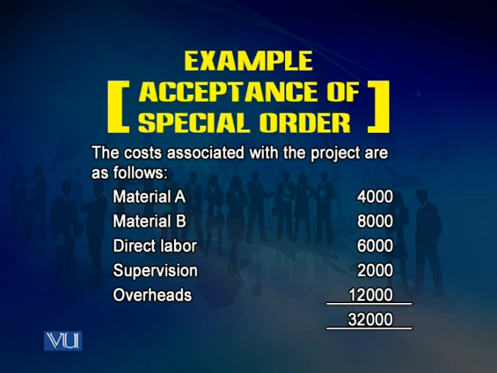For our purpose, when we are looking at a special order, we are going to look at the basis of relevant cost. The costs that have been shown so far are the costs that are accumulated in the normal course of business on a normal costing basis.